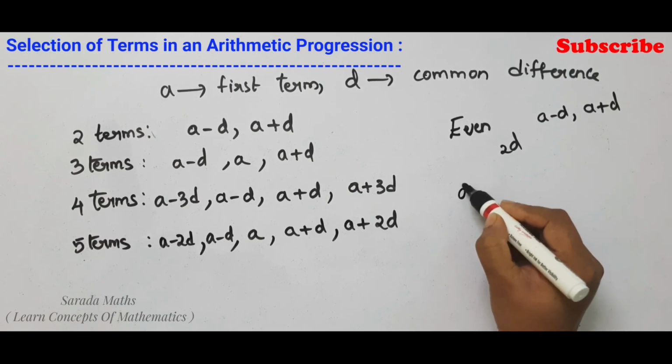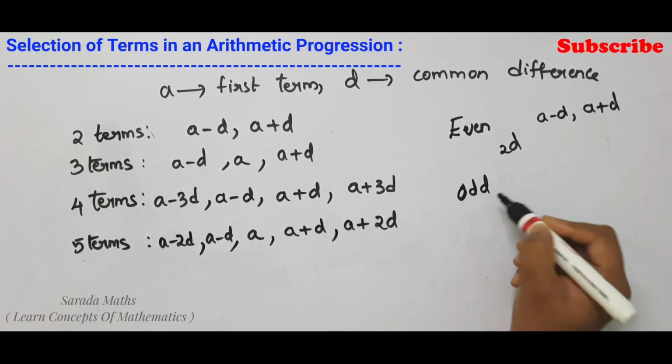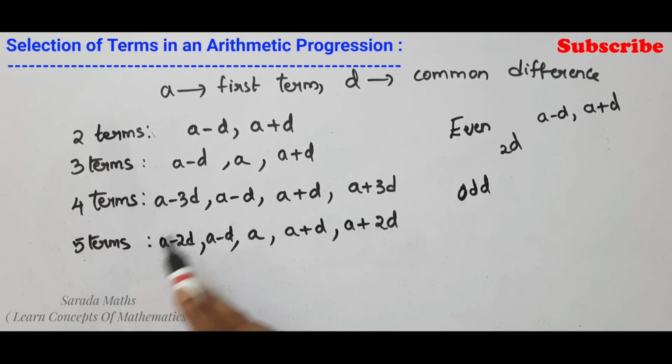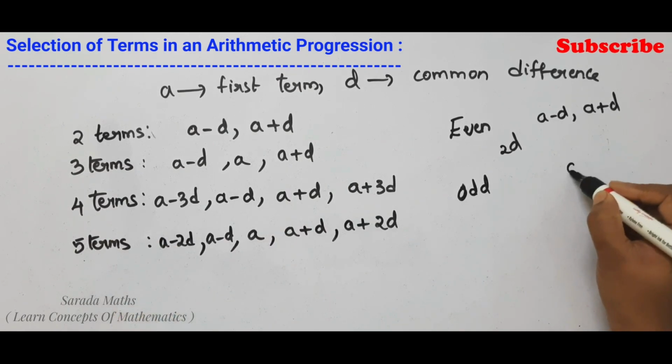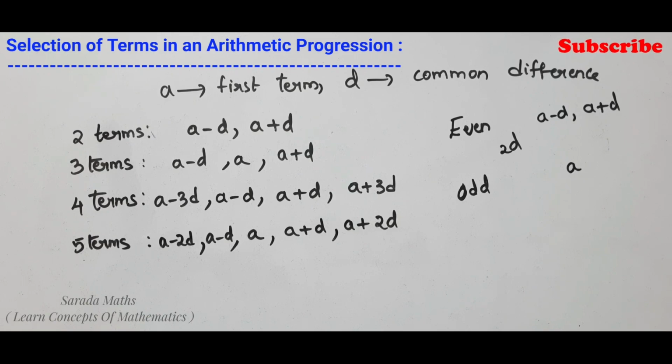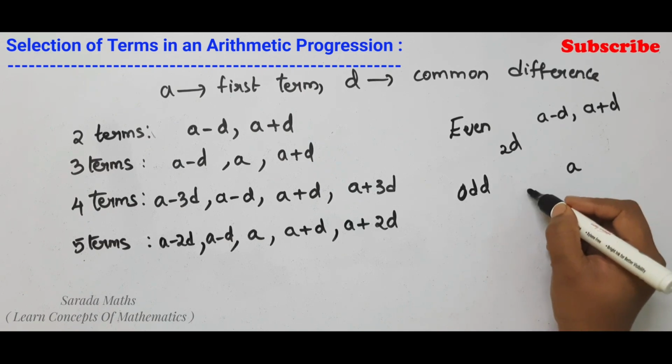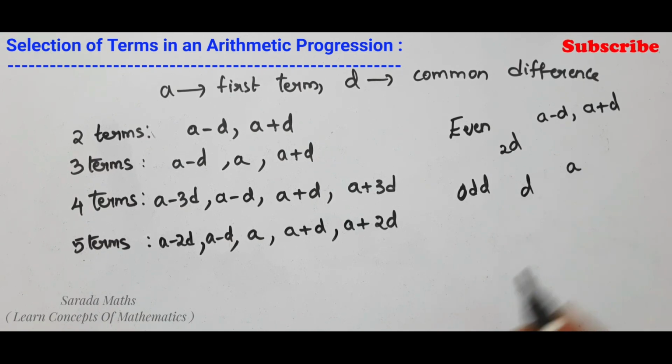If you select an odd number of terms, if you observe 3 and 5, the middle term is A, and you select the terms such that the common difference between them is D. So if it is even, the common difference between the terms will be 2D.